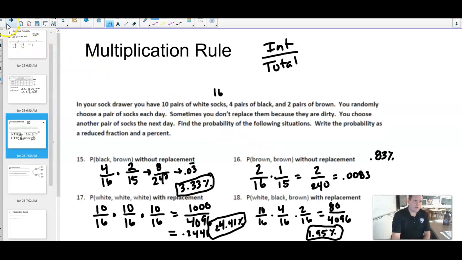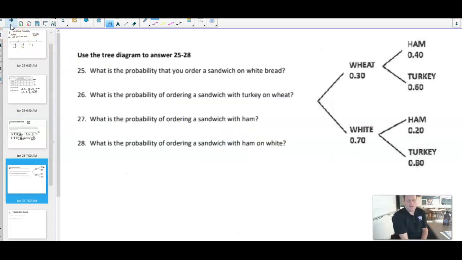Okay. I also want you guys to use the multiplication rule with a tree diagram, is what they call this. This is a tree diagram. All this is doing is organizing my data. This is like tracking sandwiches and their bread and either ham or turkey. So this is a pretty simple tree diagram at, let's say, a sandwich spot. The first thing you do is choose your bread.